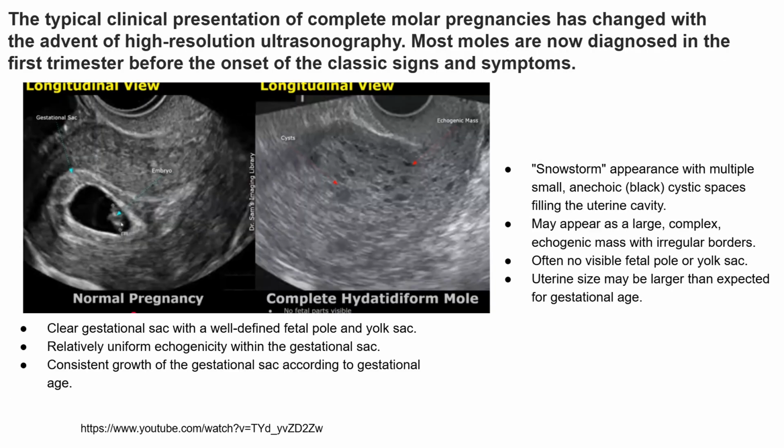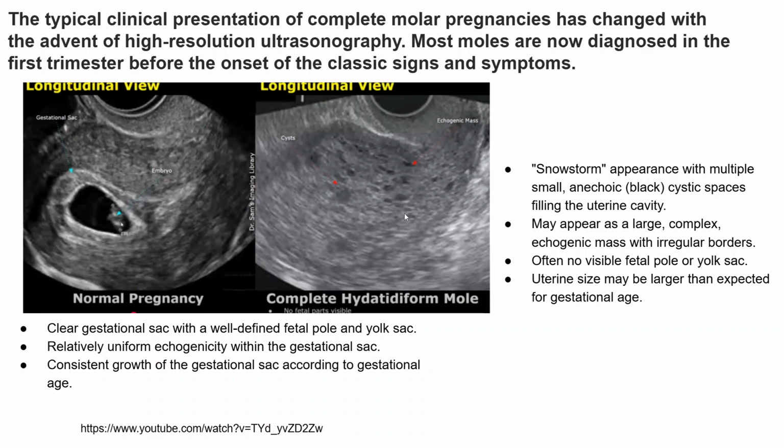The typical ultrasonography presentation: in a normal pregnancy, before the end of the first trimester, the area of embedding is seen, the uterine cavity is seen, and the myometrium is clearly seen. Whereas in a complete hydatidiform mole, you will see many tissues with multiple areas, a snowstorm appearance.